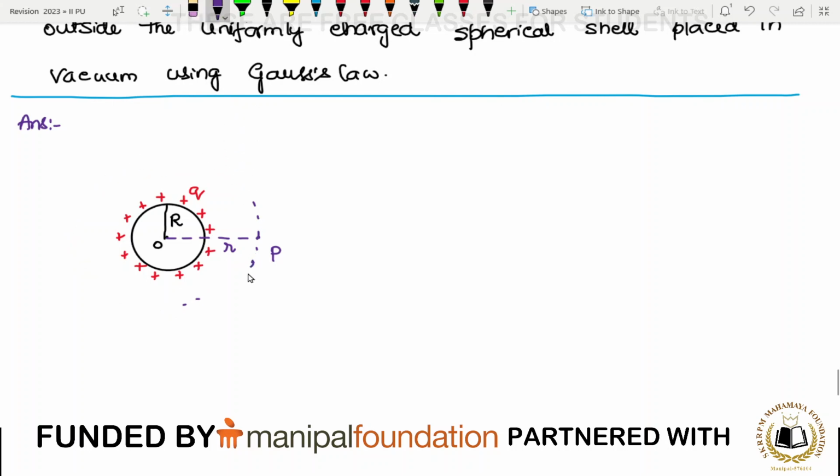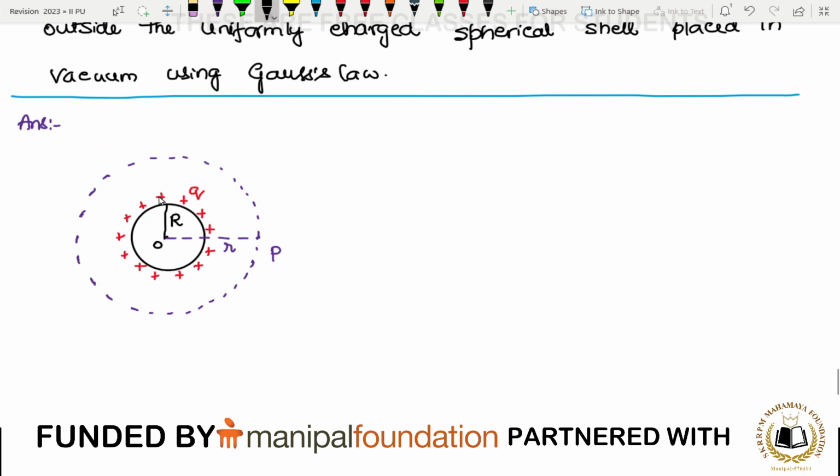Okay, we'll mark this one at a distance of r here. Now this one's shape is also a sphere only. We can call this one a Gaussian surface.